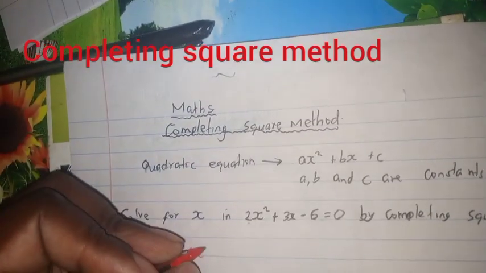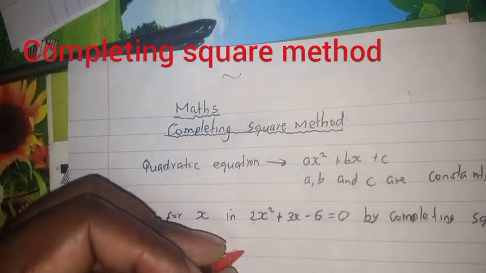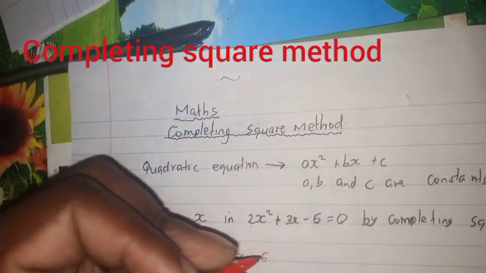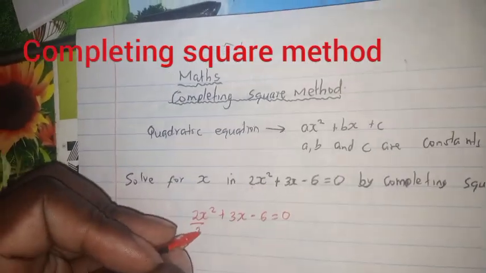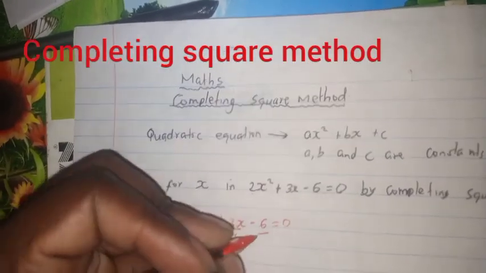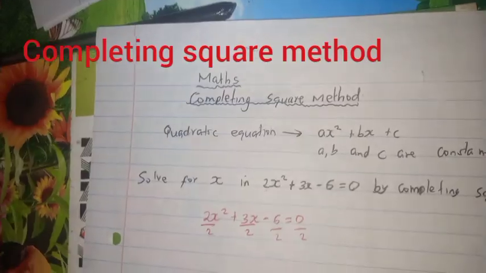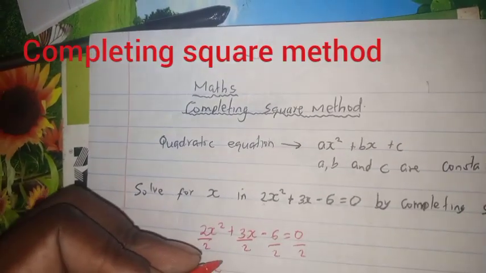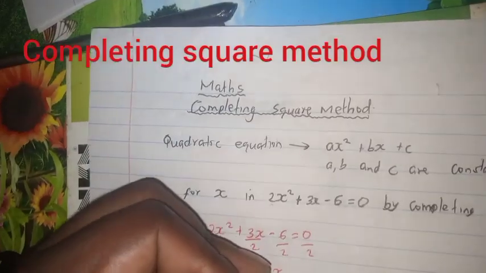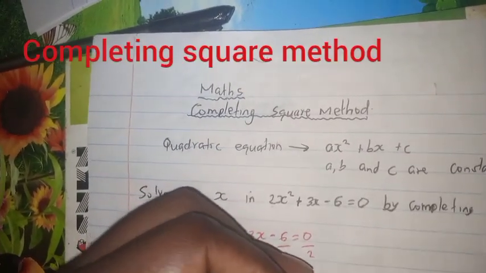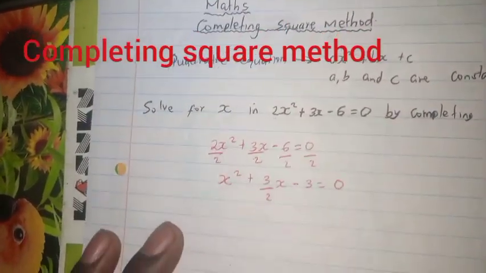We have 2x squared plus 3x minus 6 is equal to 0, and we divide all through by a. And that means we will have x squared plus 3 over 2x minus 3 is equal to 0.